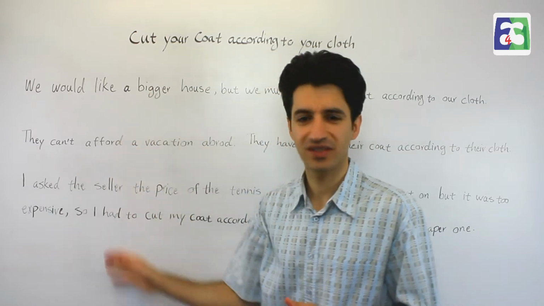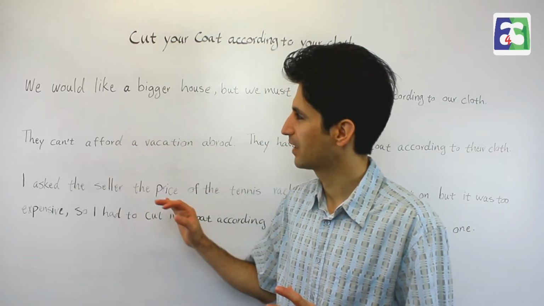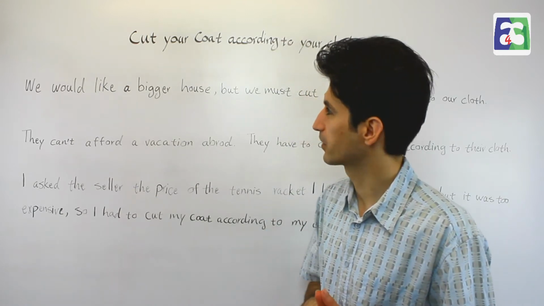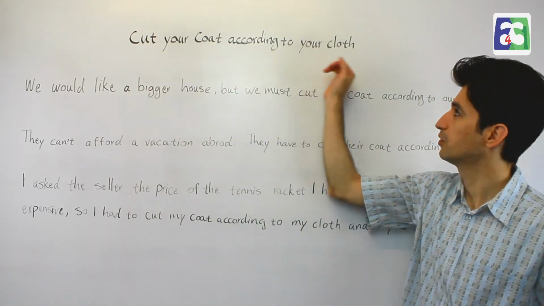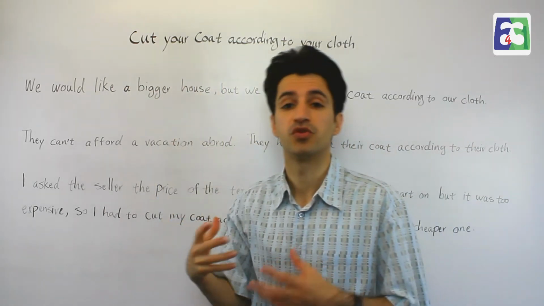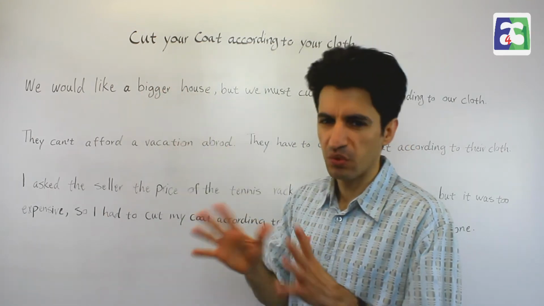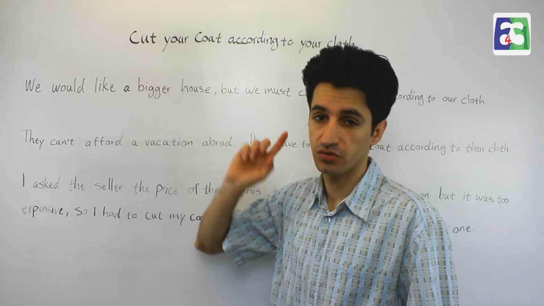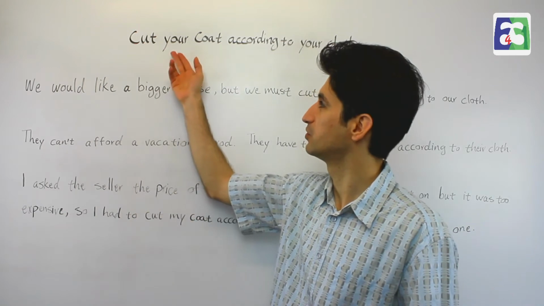Alright, now let's look at the examples. I've got 3 examples. They can help you with this expression, this idiom. As we've got "your coat" and "your cloth" over here, which are possessive adjectives, in a normal situation we just use it this way, but sometimes we are not talking to someone that is called you, so we do not need "your."